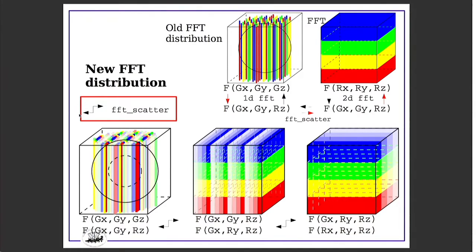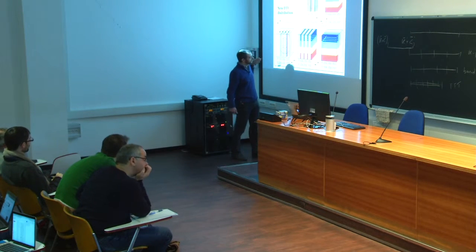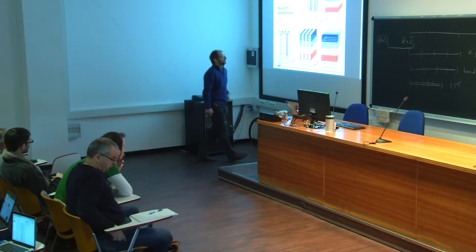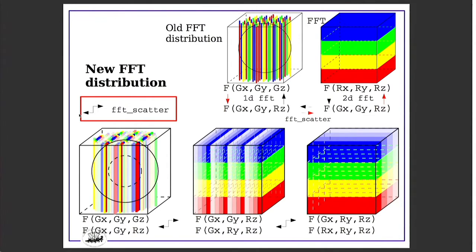Then you scatter again in a different group of processors, the orthogonal group, and you redistribute the data from something oriented in the Y direction to something oriented in the X direction. At this point, you have all the data for all the Rx, and then you can do the last FFT.